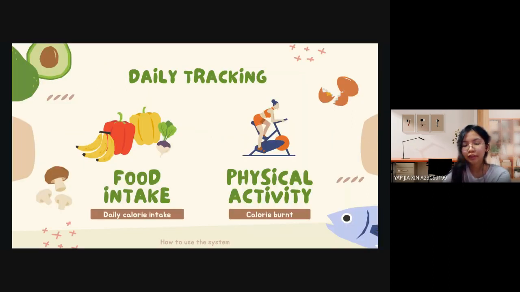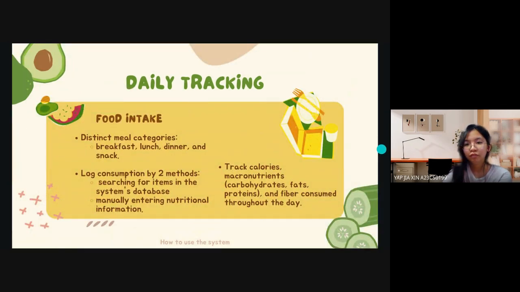In the daily tracking stage, we divide into two scopes: food intake and also physical activity. For food intake, our system has 4 distinct meal categories, which are breakfast, lunch, dinner, and snack. The user can log their consumption by 2 methods. The first one is searching for items in our system database, or they can manually enter the nutritional information.